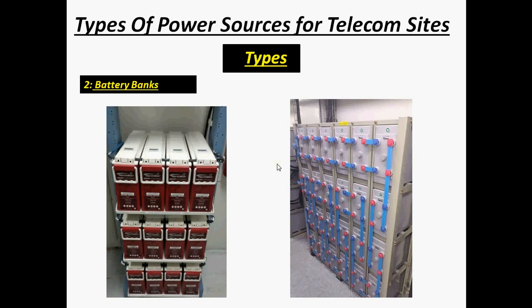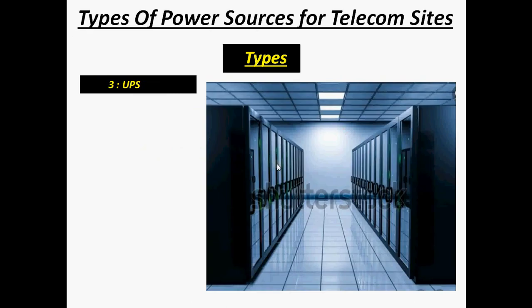Mostly battery banks are used as a standby power source for a telecom site. Number three is UPS. UPS is mostly used in data centers, exchanges, and base station controllers. The size and capacity of a UPS also depend on site requirement.